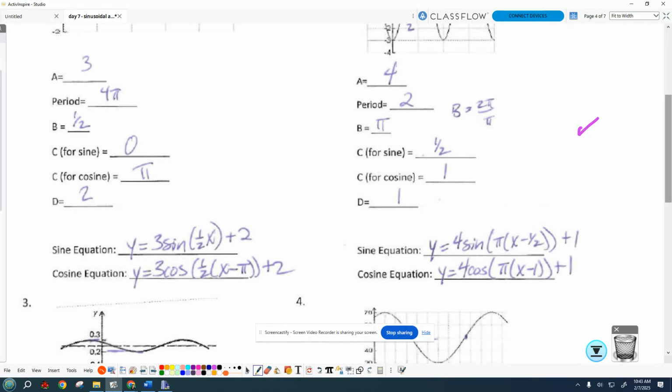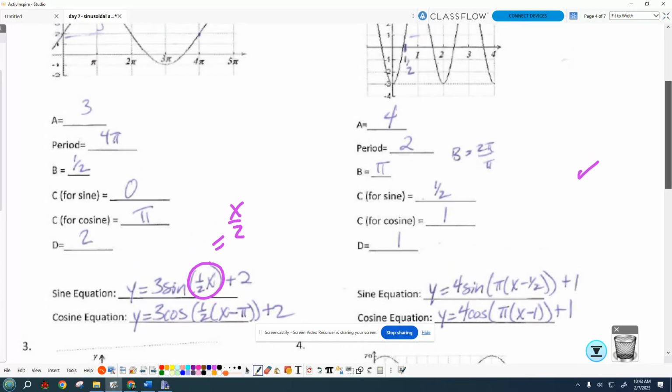For example, the second one. Because 1/2 times x, could you also just put x over 2? One half times x is the same as x over 2, that's fine. Emery? Why would C for cosine be 1 and not 0 for number 2?